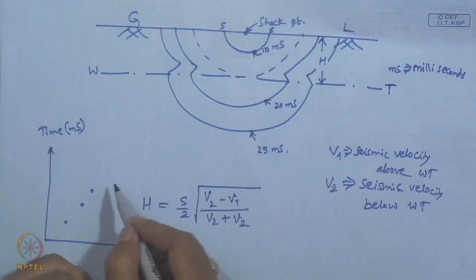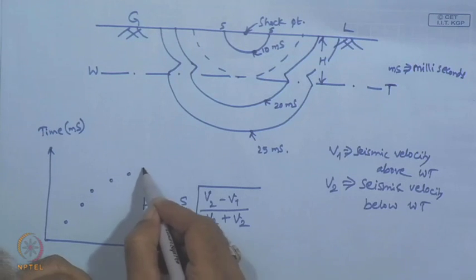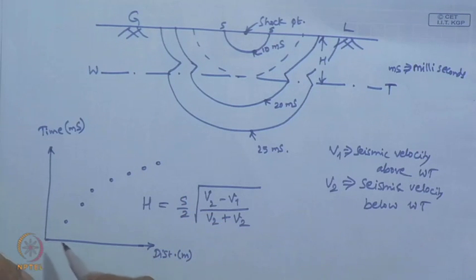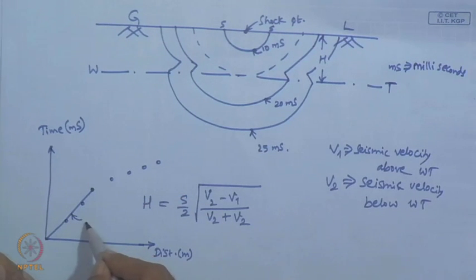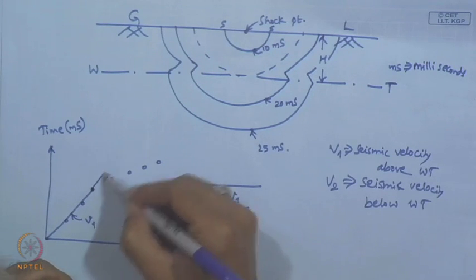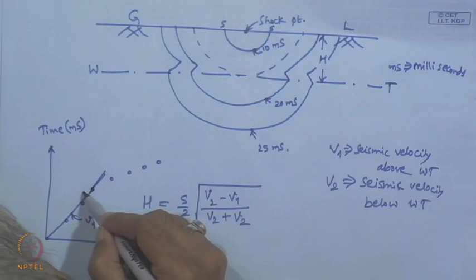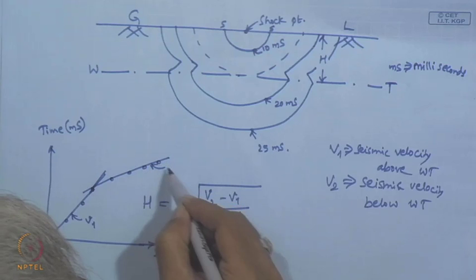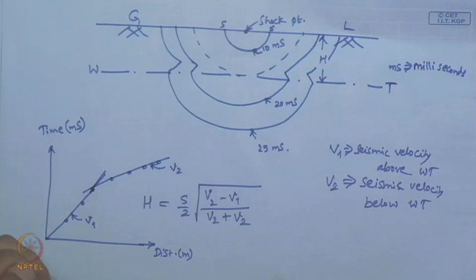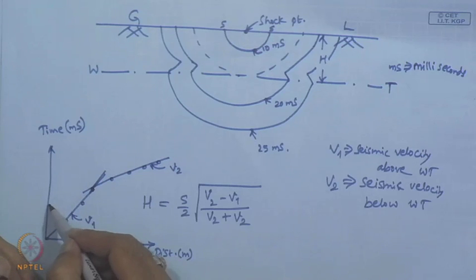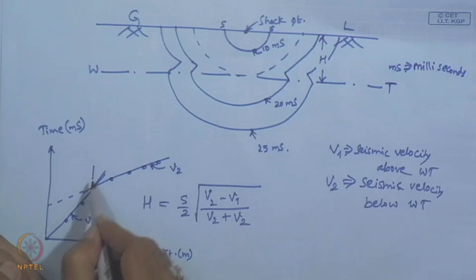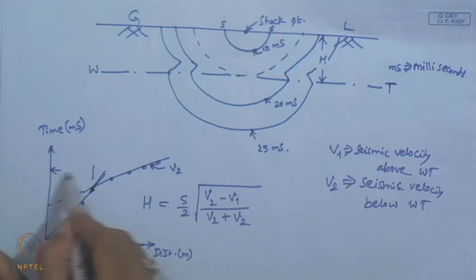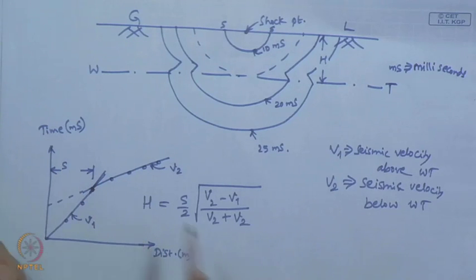It will show two distinct velocities, one above the water table, this is the velocity V1, and this is the velocity V2. Both these velocity lines intersect at this distance s.